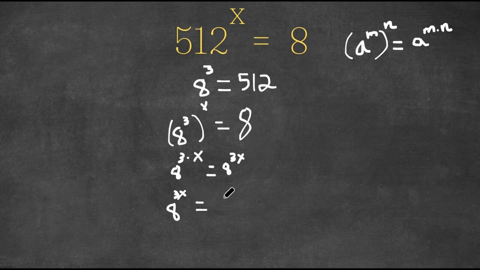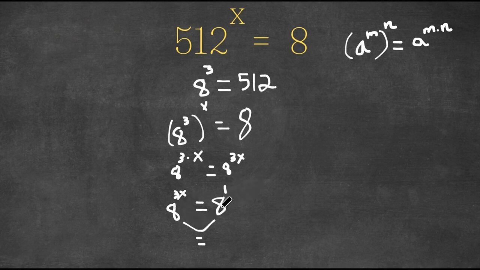equals 8. And now if you notice, our two bases here are the same, meaning our two exponents have to be the same as well. The exponent for 8 is actually just 1, because 8 to the power of 1 is equal to 8.